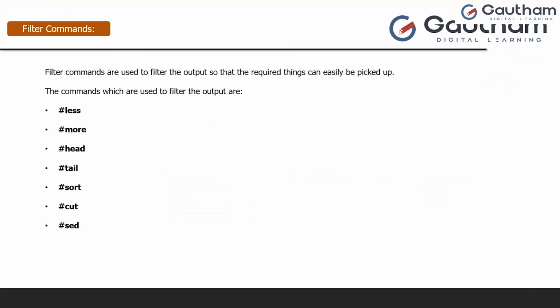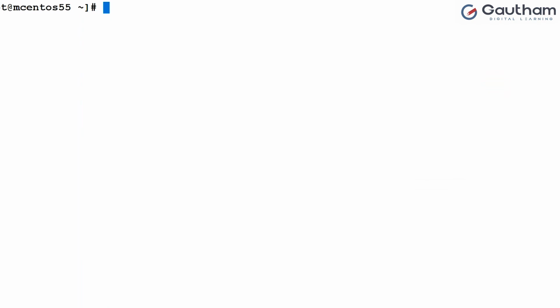Fine. The next command we have is the cut command. Suppose you have an employee details file. In that file, one column represents employee name, the second column employee ID, the third column employee designation, the fourth column employee department, the fifth column employee salary, something like that.